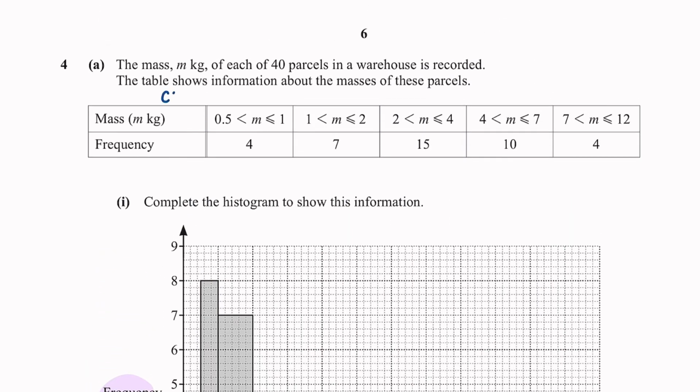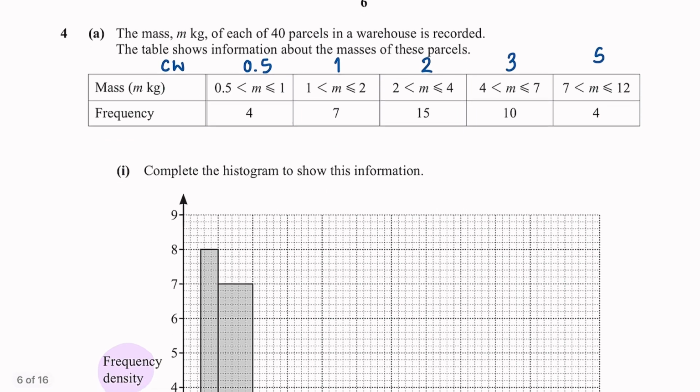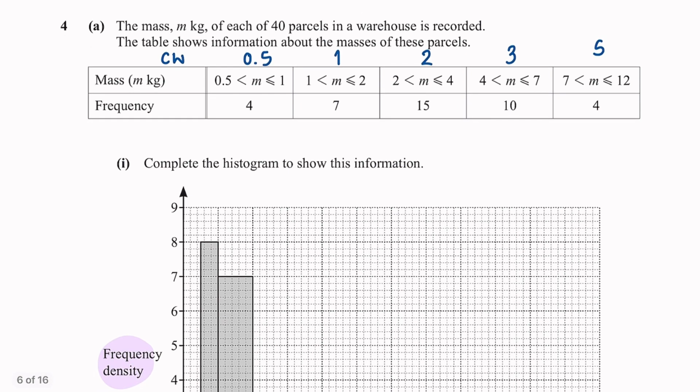And the class width in this is 0.5. This is 1. This is 2. This is 3. And this is 5. Therefore, the frequency density in this is 4 over 0.5, which is 8.